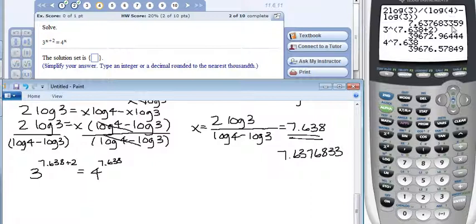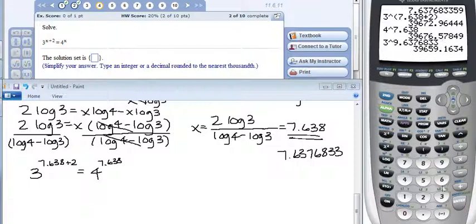I'm going to go all the way out to this decimal and just see what happens. 3 raised to the, okay, so I'm supposed to add 2 to that, so it's 9.637683. And then I'm going to raise 4 to that same number, 7.637683. Let's see how much closer we get.